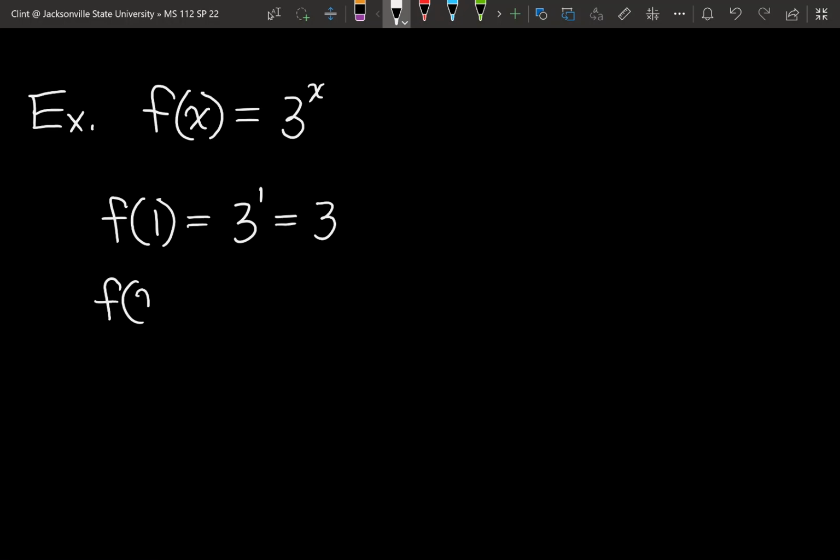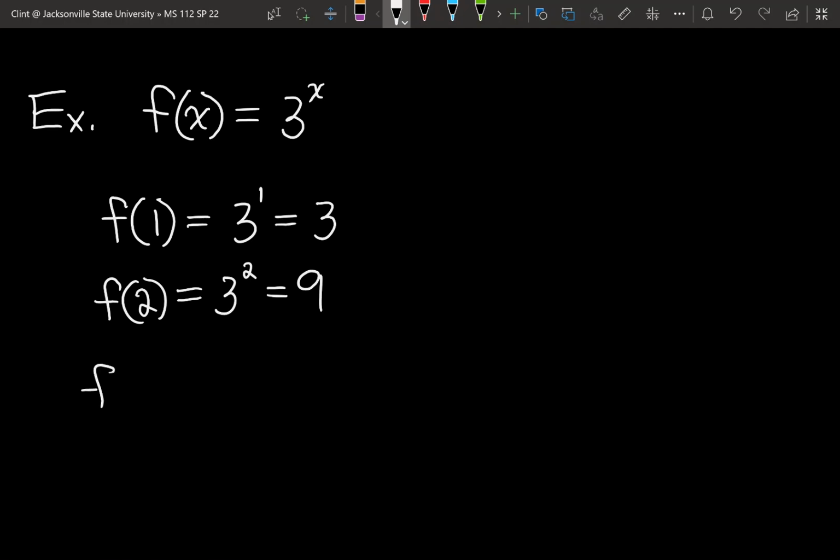We could do f of 2. Then that would give us 3 squared, or 3 to the second power. That means 3 times 3, so that's 9. One thing that's pretty remarkable about exponential functions is the y values get big really quickly.